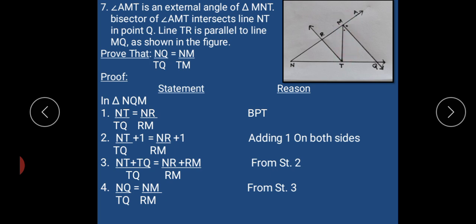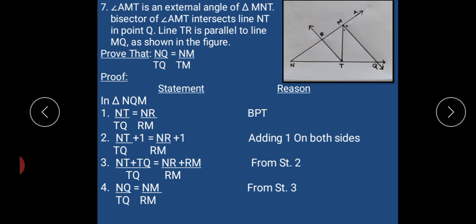Now, when this was asked, many said this is out of syllabus. I'll tell you why it was said like that, and also why it is not out of syllabus. Now from statement 1, if you directly go to statement 3, adding the denominator to the numerator comes in the chapter ratio and proportion, which is not there for you, and this property is called componendo. Again, this is not there for you.